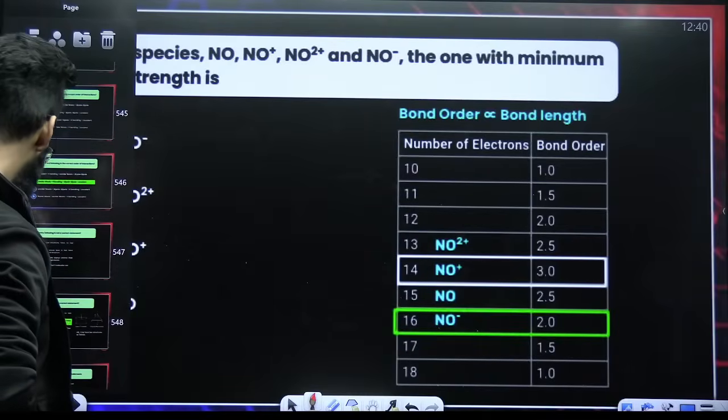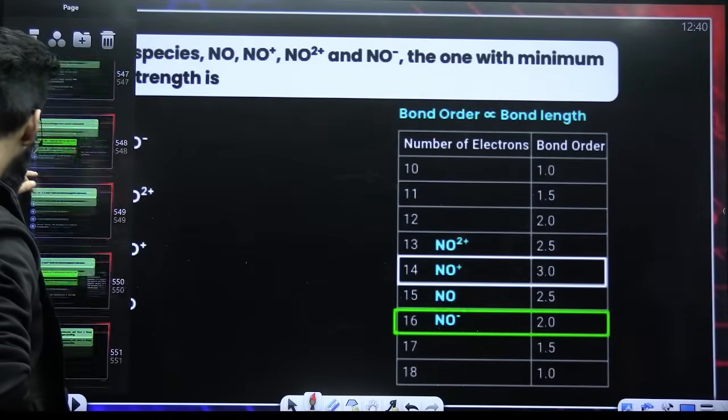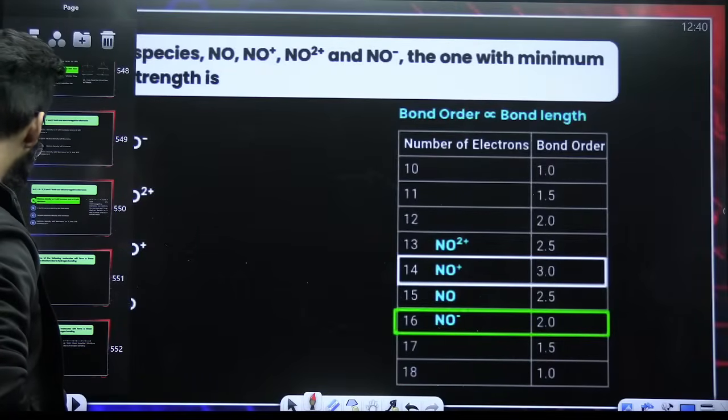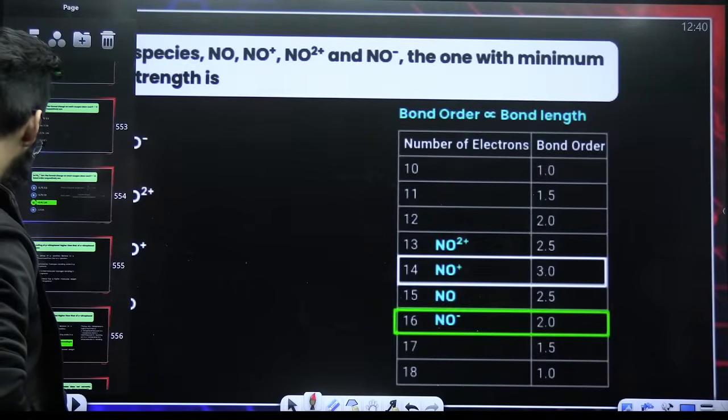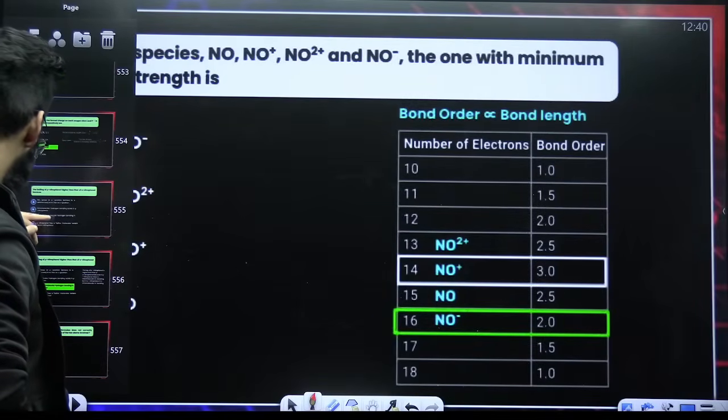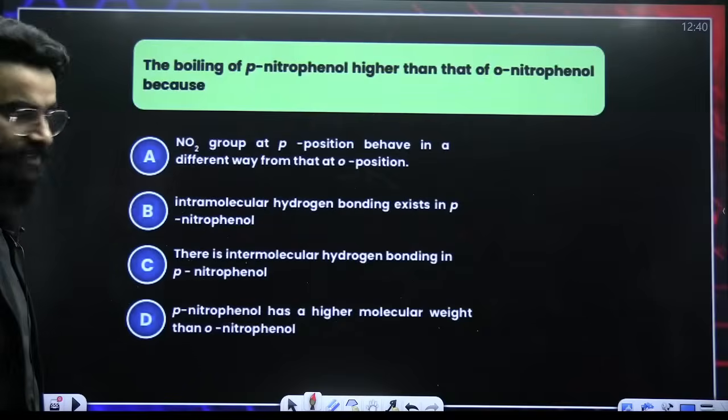Just a second, guys. Let me check the other new questions because these are all repeated ones. What is the answer of this one?